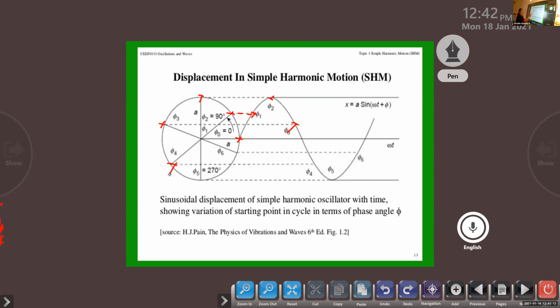Then it comes to phi 4, a corresponding point here. Then it comes to 275 degrees, you get another point. Then at the next angle here it becomes phi 6 and comes back to the original position. So this is one complete oscillation, and the ball completed one rotation.